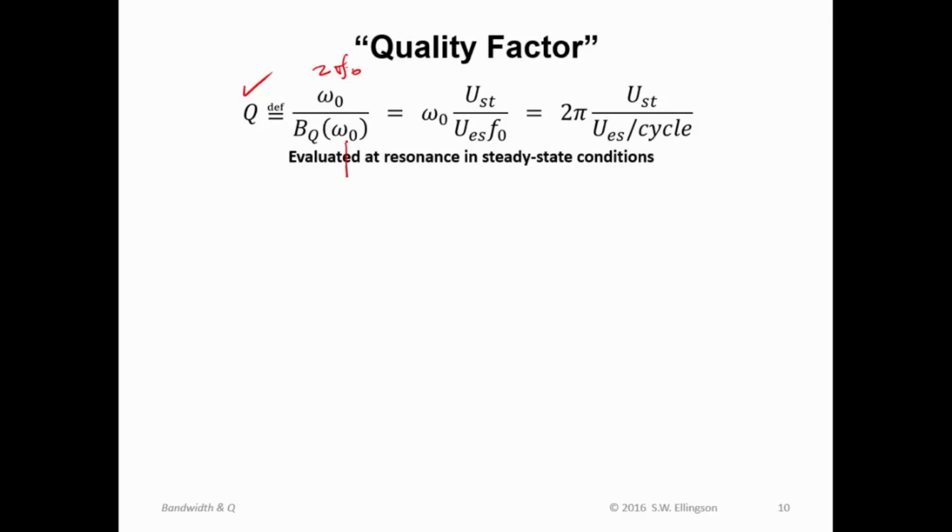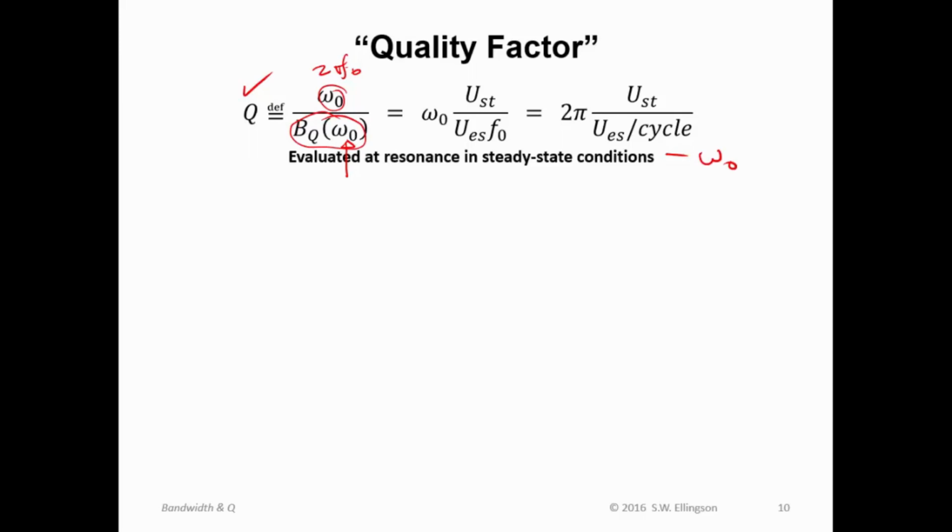In this definition, we're evaluating B sub q at omega naught, and we're going to say that omega naught is whatever it is at resonance. All right, so the way we're going to define Q is to first identify the frequency of resonance, calculate omega naught, calculate B sub q at that frequency, and take the ratio of the two.